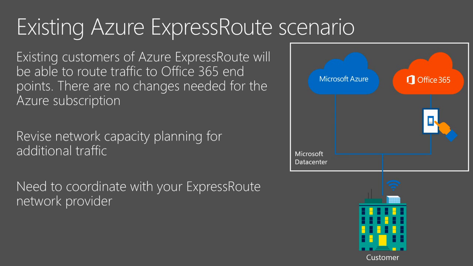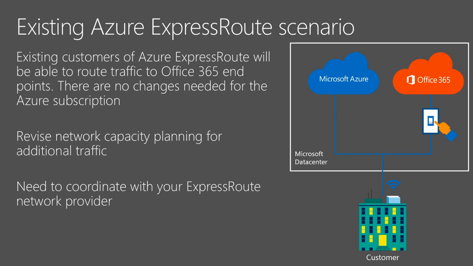We are going to be modifying our firewalls and our routers and our route advertising so that Office 365 front ends can be accessed over this same link. But there's no other change from Microsoft's point of view to that. You may have to increase the bandwidth that you subscribe to for ExpressRoute if you're adding Office 365 traffic. And you might want to look at that capacity planning, but that's the only thing really that should impact you when we turn this on.